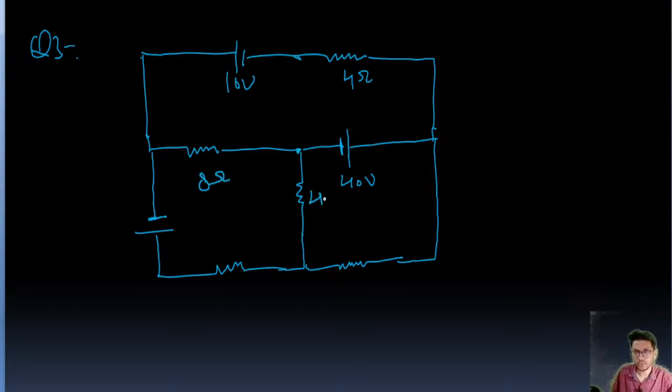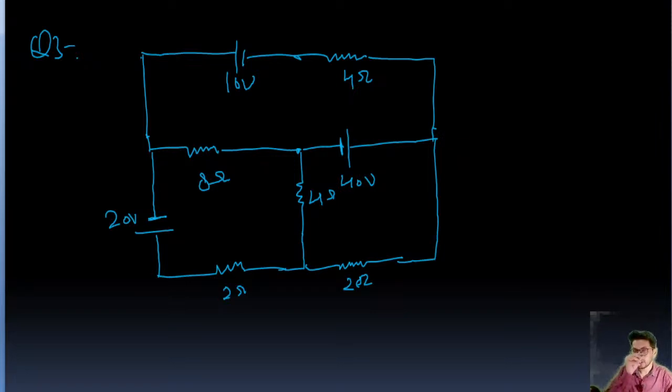This is 4 ohm. This is 2 ohm. This is 2 ohm. This is 20 volt. Okay, this is 40 volt, 10 volt, and 4 ohm, right? This is the question, guys, and now we have to solve this. So how we are going to solve it, I'll show you.